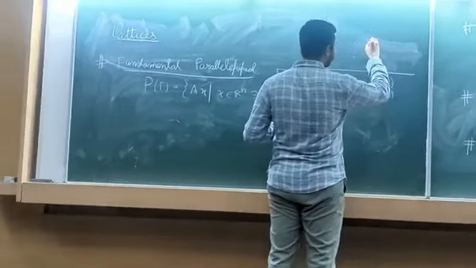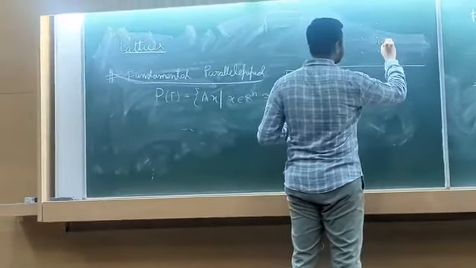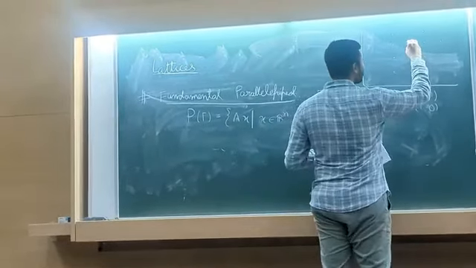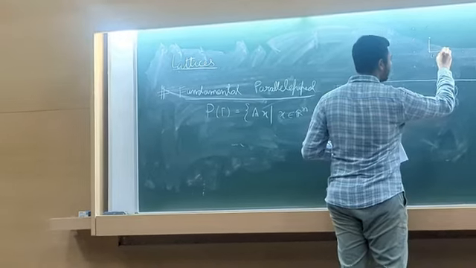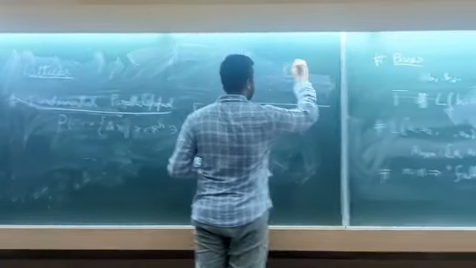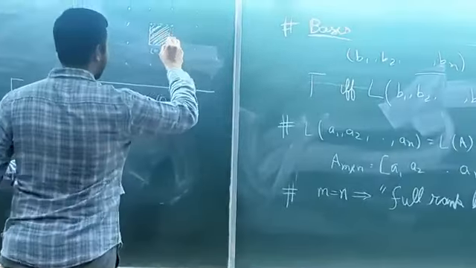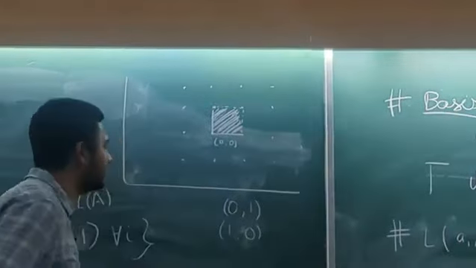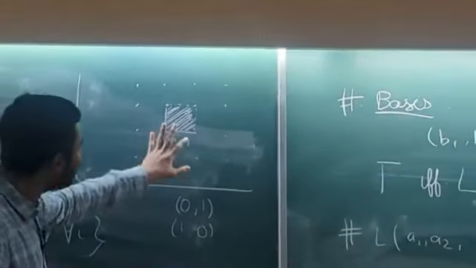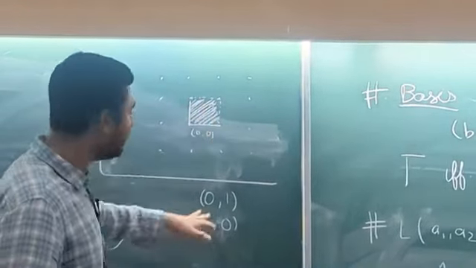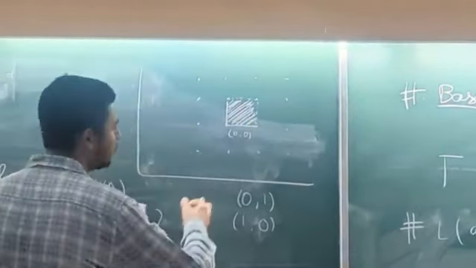And say that this is the origin. My fundamental parallelepiped is really this area. So let me just shade it. So it's this sort of rectangle, in a more precise sense, a parallelogram that is formed by these two vectors.